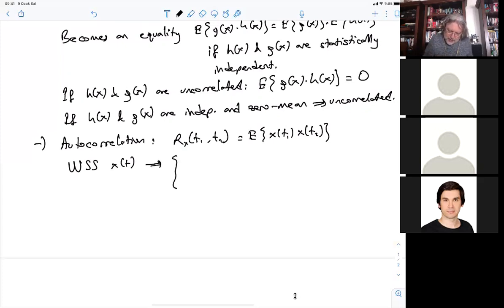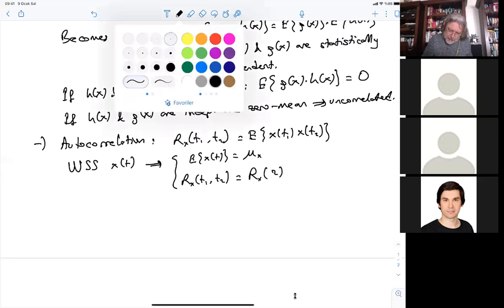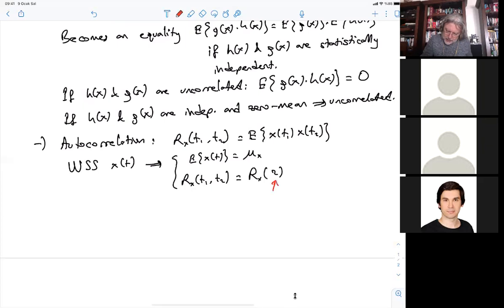Expectation of x of t is mu sub x, so it's not varying with time, and the autocorrelation only depends on the time difference between t2 and t1, which can be represented as Rx of tau, where tau is, let's say, t2 minus t1.